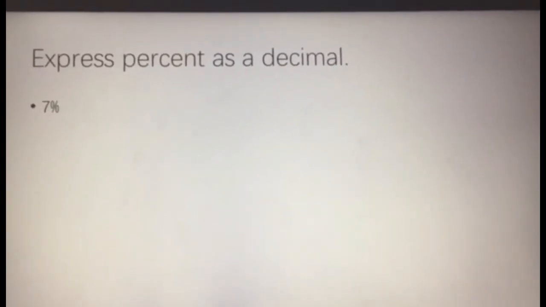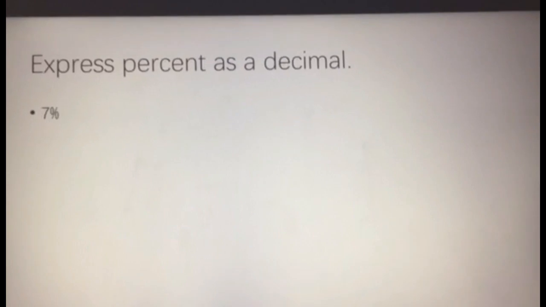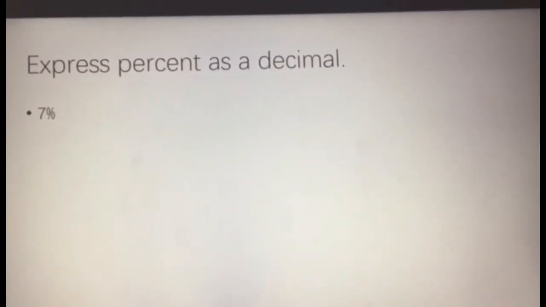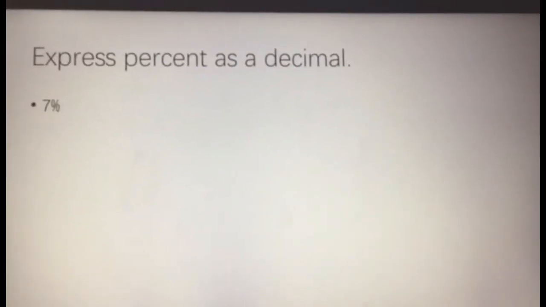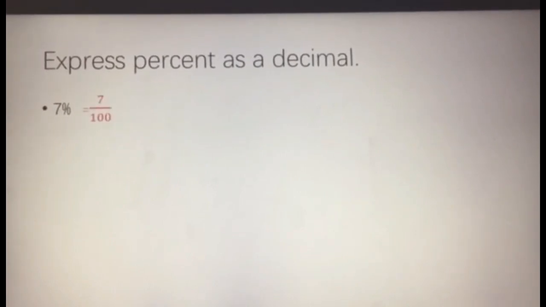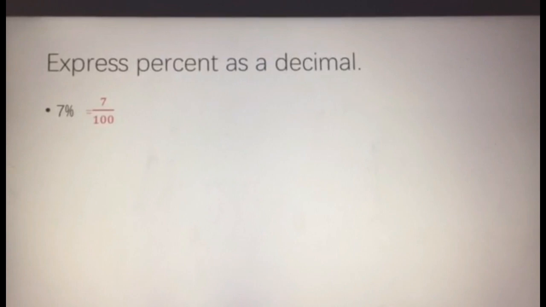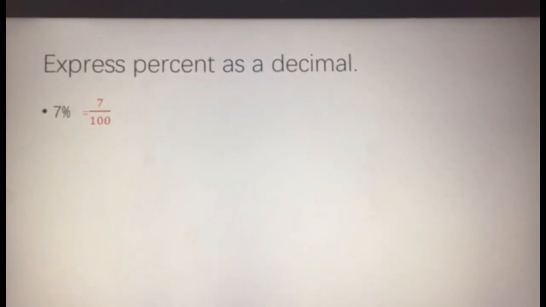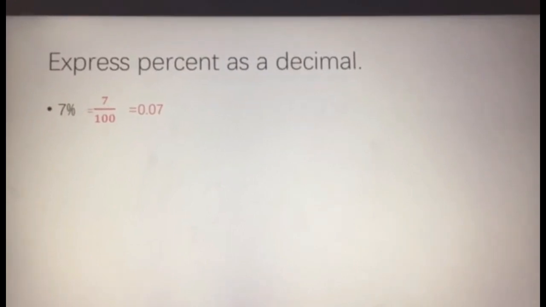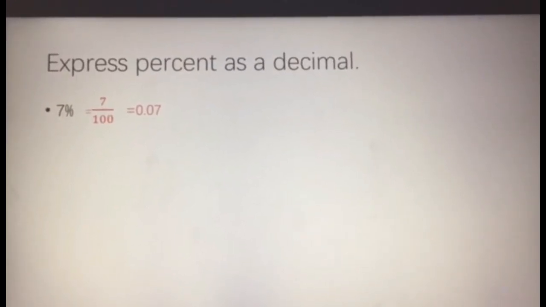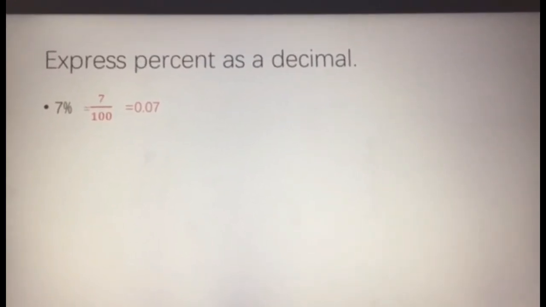And if you have a percent and you're asked to express it as a decimal, you first write it in fraction form. So 7% is 7 hundredths, and then you get 7 hundredths in decimal. Isn't that pretty easy for you?